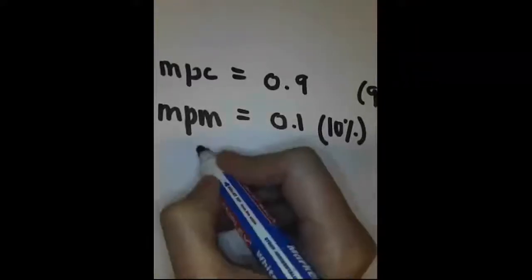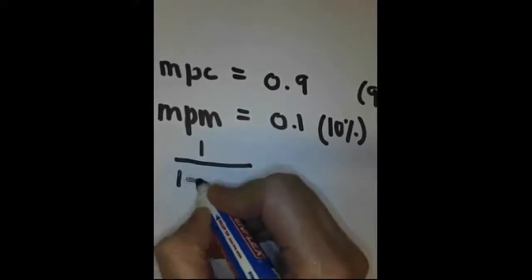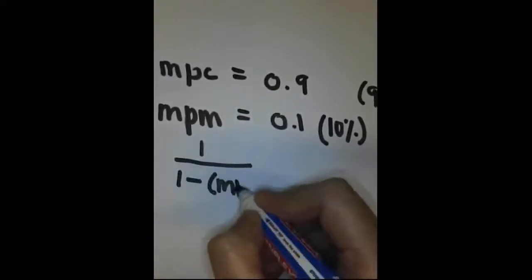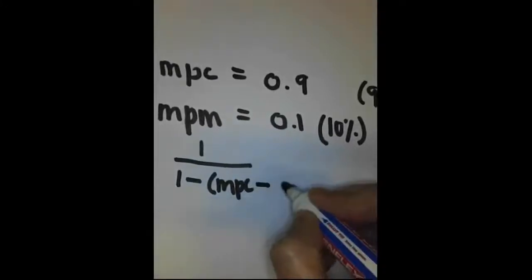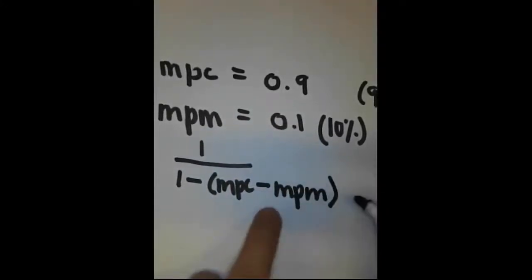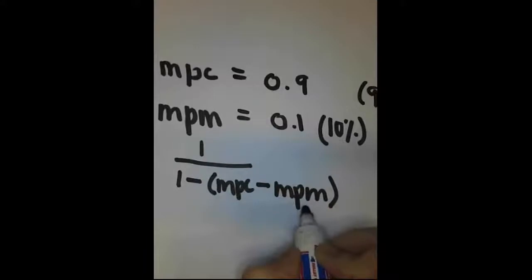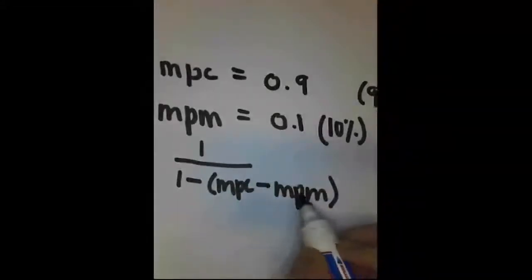So you could have written the formula like this, grade 12s. You could have said 1 over 1 minus MPC minus MPM. You could have used that formula. Because remember, MPC is an injection and imports are a leakage. So let's follow this through.